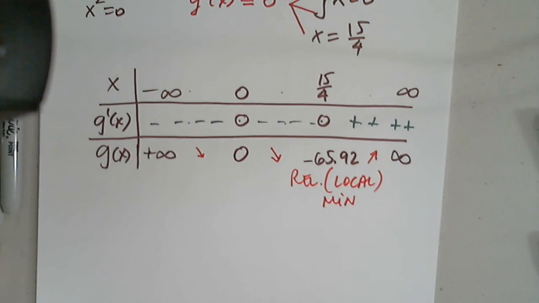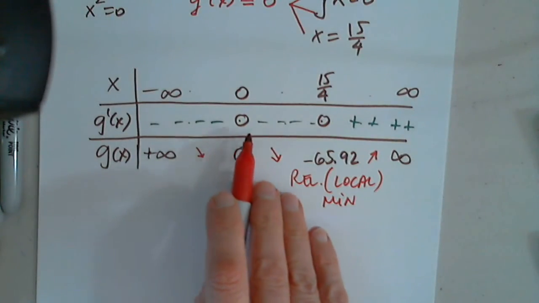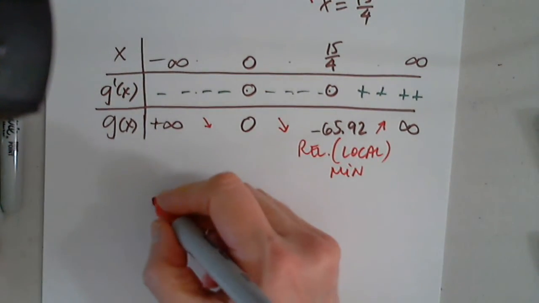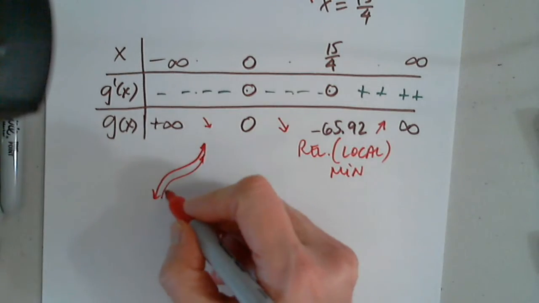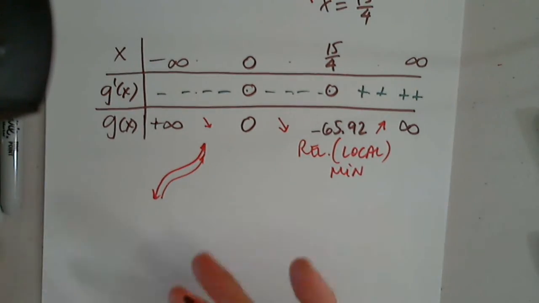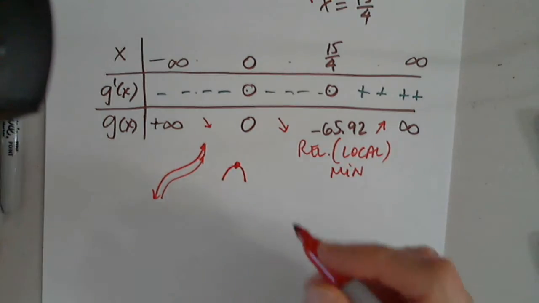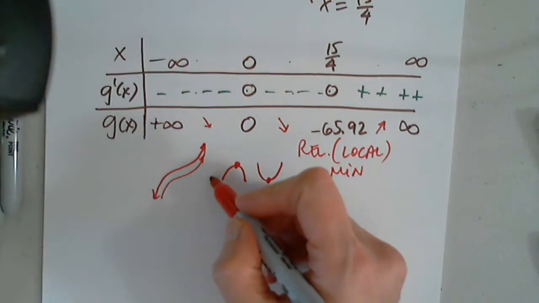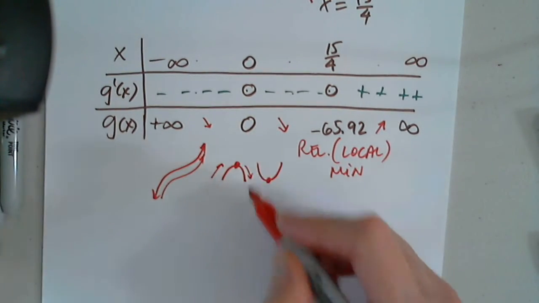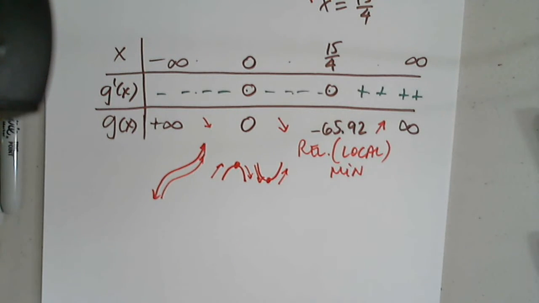Is that clear? This does not mean anything because the derivative does not change sign. It's something like this. It's always going up or always going down. There is no point of extrema. A point of extrema means a turn, from positive derivative to negative derivative, or from negative derivative to positive derivative. Any questions?